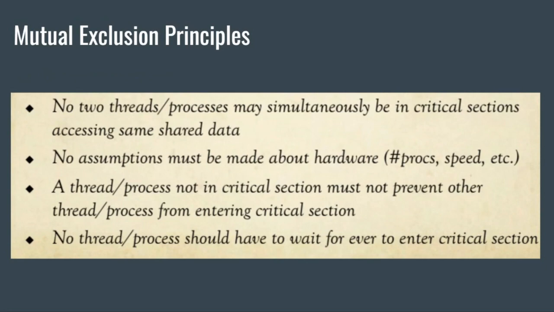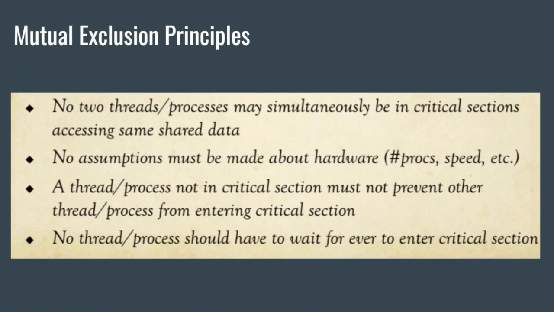Now, when we're dealing with threads, there are certain principles we want to ensure are being enforced, and that's our mutual exclusion principles. The first one is no two threads or processes can be in the critical region at the same time. We don't want that happening at all. Then no assumptions must be made about the hardware. You can't assume that your user has the best hardware or the worst.